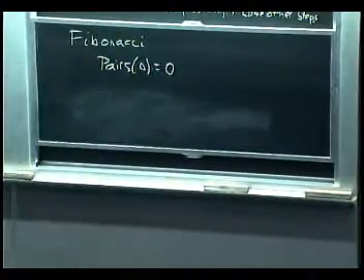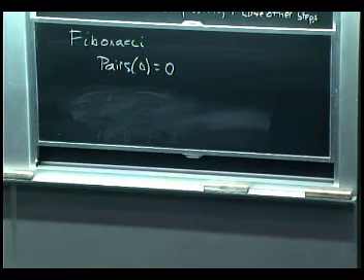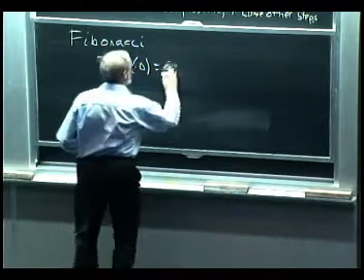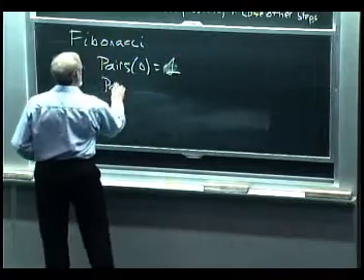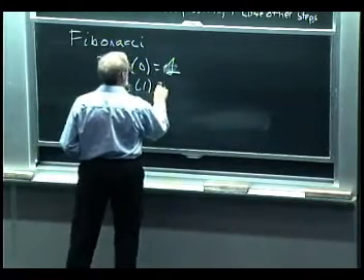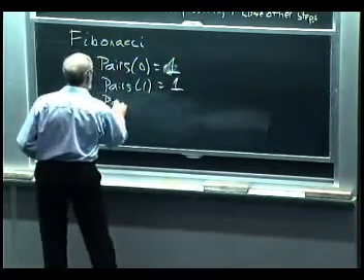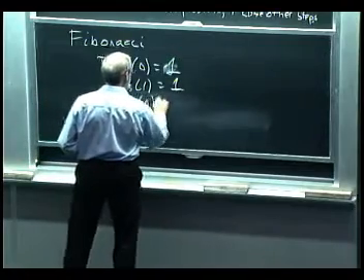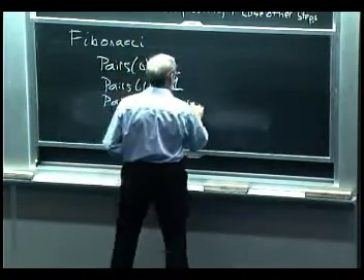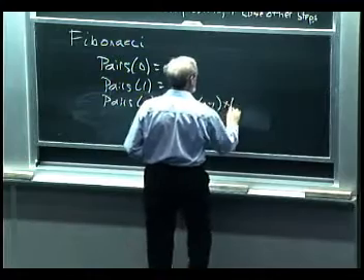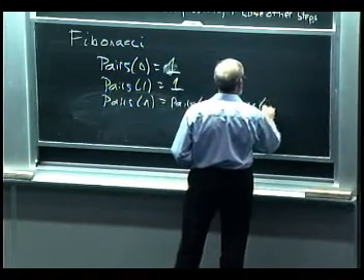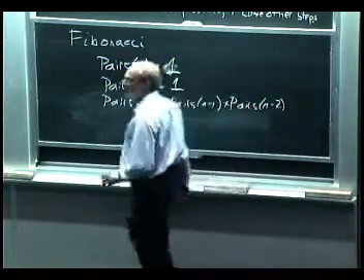We're going to let pairs of 0, the number of pairs at month 0, actually not be 0, be 1. We'll let the number of pairs at month 1 be 1. And then the number of pairs at month n is the number of pairs at month n minus 1 plus the number of pairs at month n minus 2, sum of the previous 2.